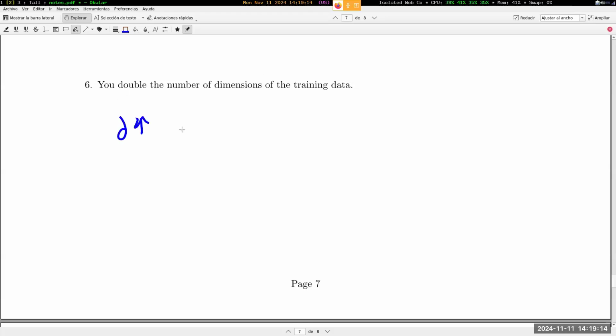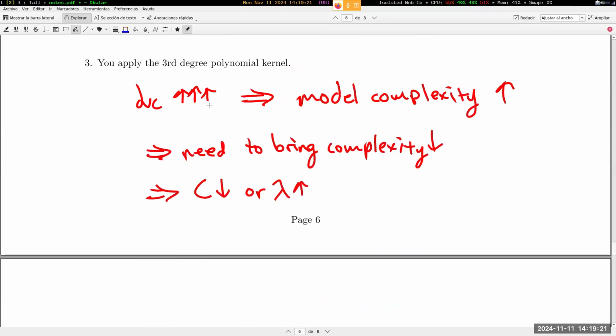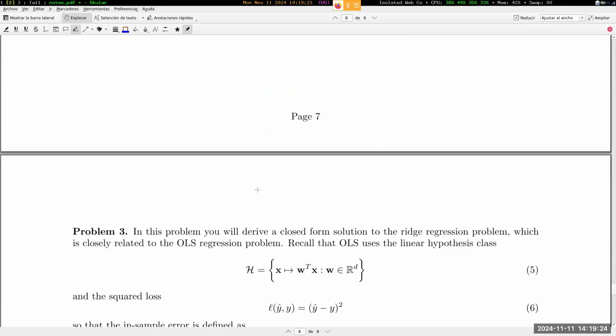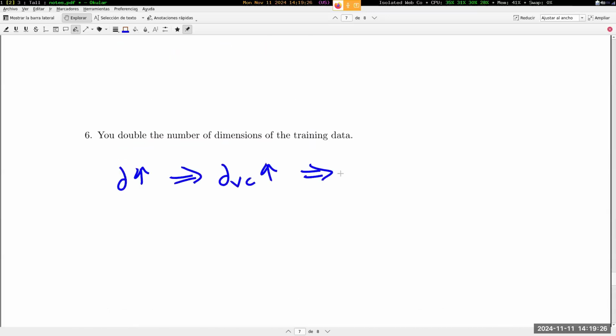So D increases, implying the DVC will increase, and that will imply the same reasoning that we had right here, that C should go down or lambda up. Any questions about any of those?